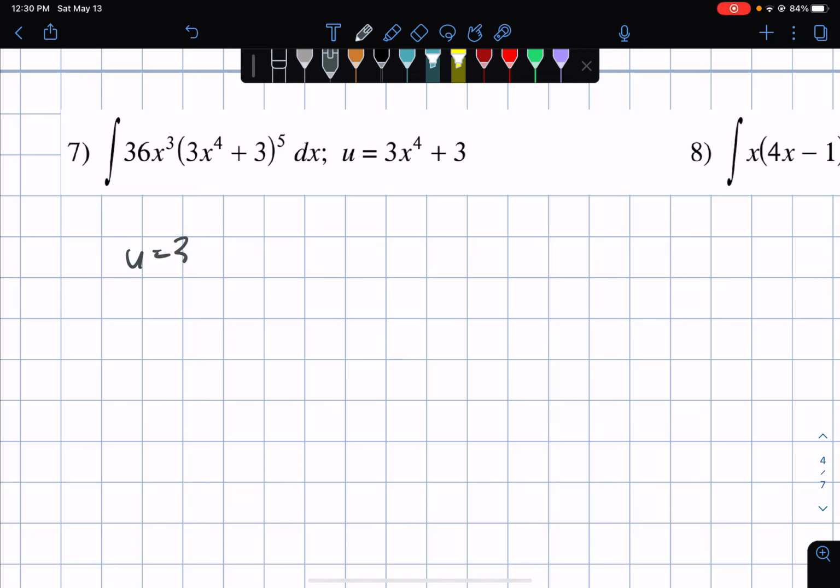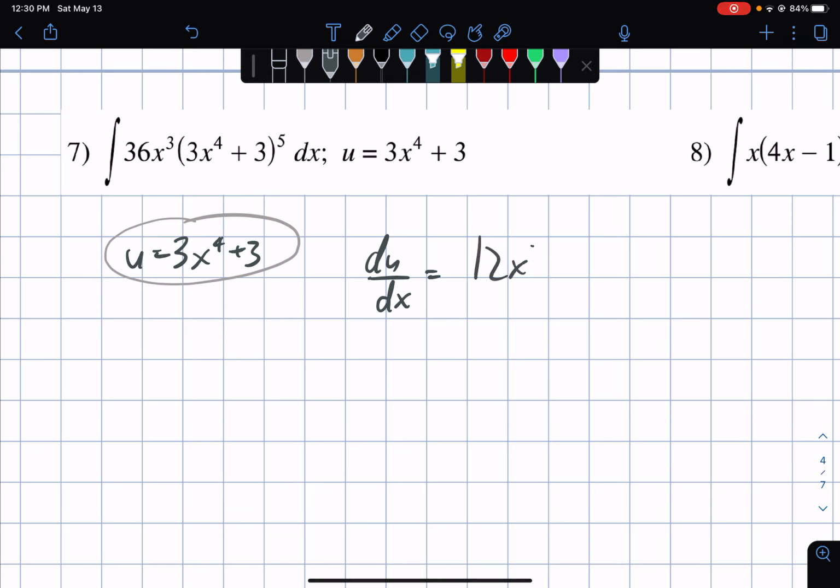U is equal to 3x raised to 4 plus 3. Du over dx is equal to, let's say, derivative: 3 times 4 is 12, 4 minus 1 is 3. Du is equal to 12x raised to 3 times dx.